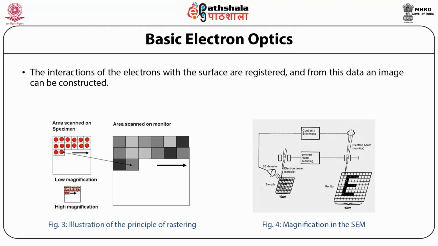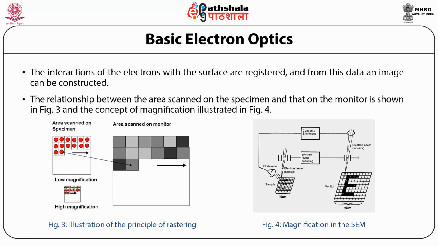The interactions of the electrons with the surface are registered, and from this data, an image can be constructed. The relationship between the area scanned on the specimen and that on the monitor is shown in figure 3, and the concept of magnification is illustrated in figure 4.